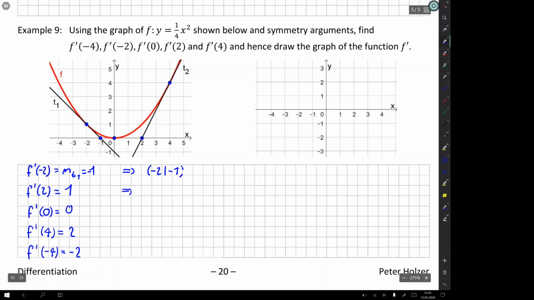Here we have argument 2 and the f dash is 1. Argument is 0 and f dash is 0. Here we have 4 and 2, and the last one is -4 and -2. So now these are all points that lie on the graph of f dash.